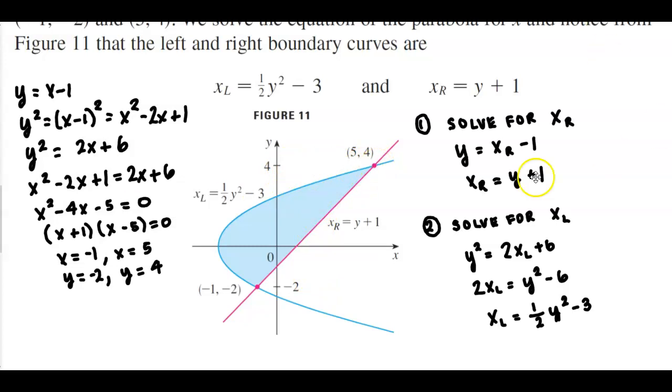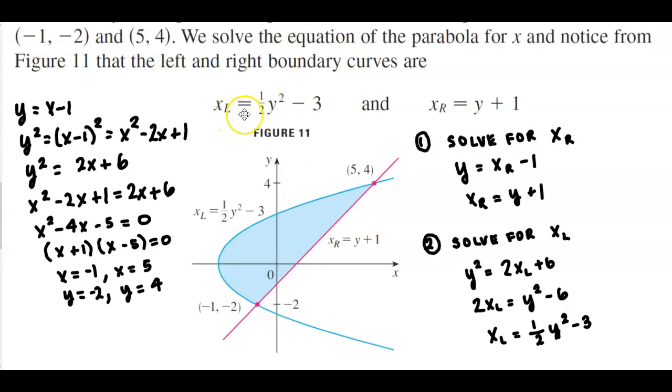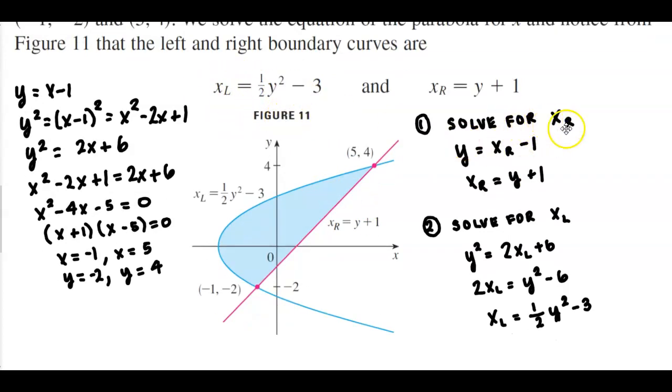Now, the next step is that we want to convert this so that x is a function of y. So we're going to solve for x subscript r. Since x subscript r is the line to the right, y is equal to x subscript r minus 1. Add 1 to both sides, therefore x subscript r is equal to y plus 1.